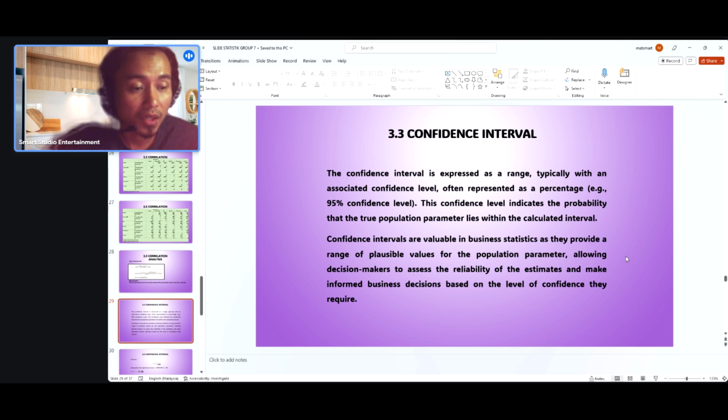Confidence intervals are valuable in business statistics as they provide a range of plausible values for the population parameter, allowing decision makers to assess the reliability of the estimates and make informed business decisions based on the level of confidence they require.